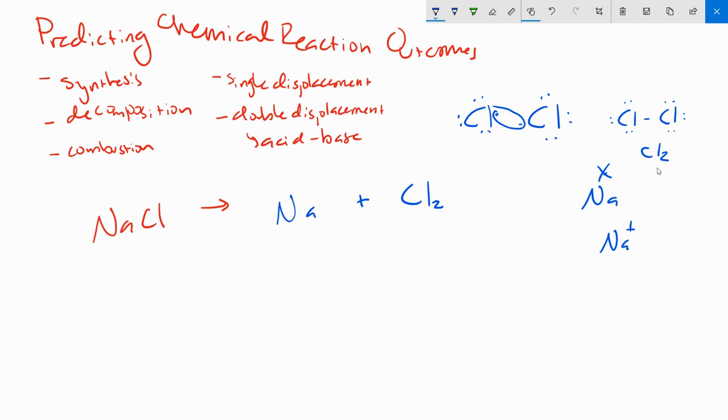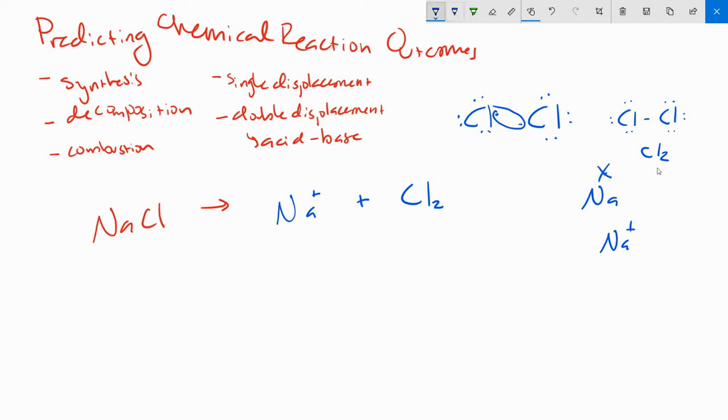We don't see that with sodium very often. So I'm going to just put a plus here to say that this is an ionized version of sodium and not just sodium bonded with itself. That way we don't have to figure out how that molecule is going to look. Okay, so now I've got my final result. NaCl makes Na plus Cl2.